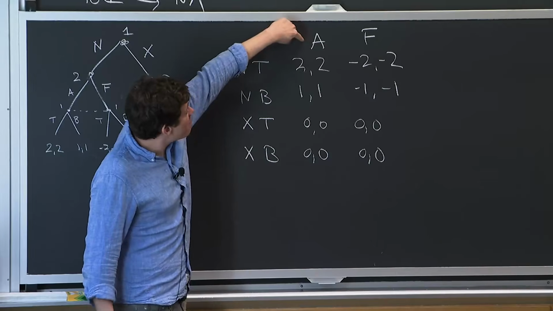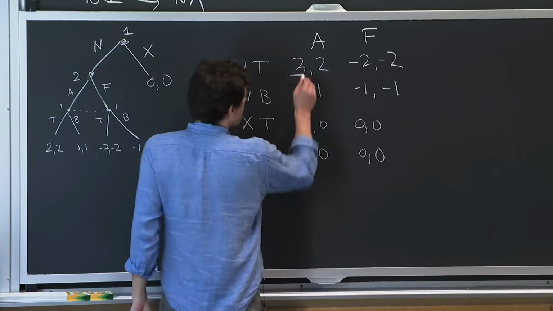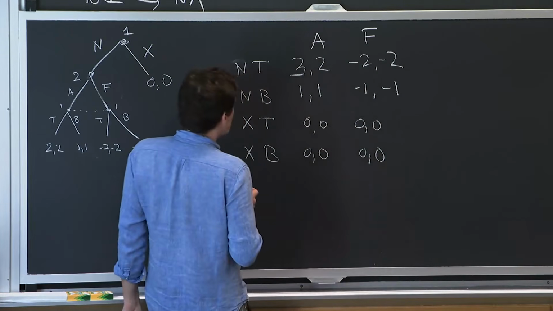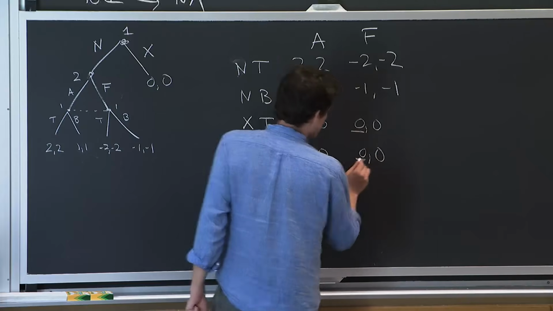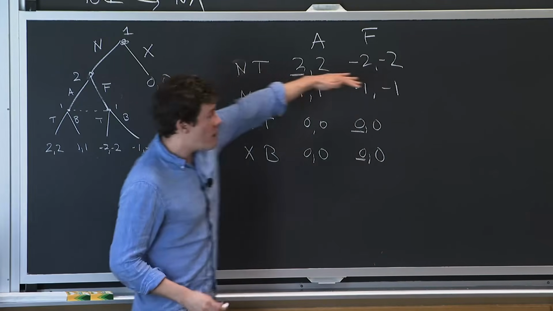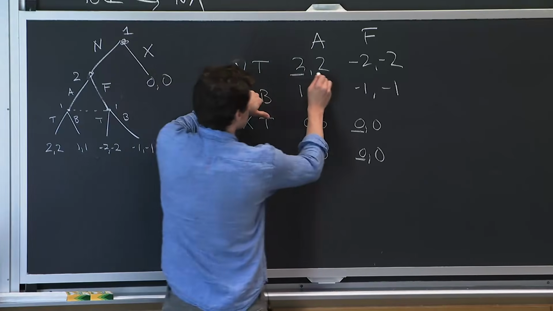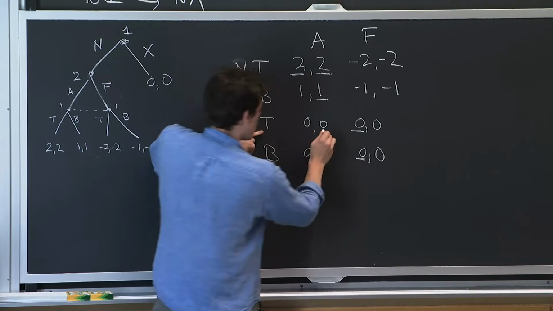We're going to say if player 1 is going to accommodate, then player 2 finds it optimal to do this. If player 2 is going to fight, then player 1 finds each of these optimal. And now we're going to go row by row. If player 1 is playing NT, then player 2 would like to accommodate. For NB, then we're here. For here.